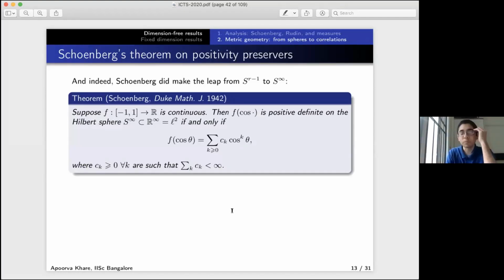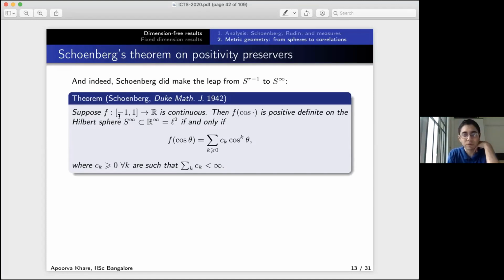And indeed, Schoenberg did make the leap from finite dimensional spheres to the infinite sphere. And so he said that f composed with cosine is positive definite on the Hilbert sphere, which is, remember, unit vectors in L2, if and only if that function has to look like, it's the intersection of all the Gegenbauer families. And so it has to look of this form.